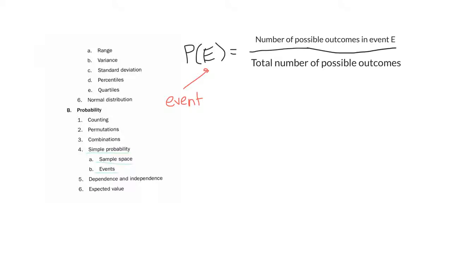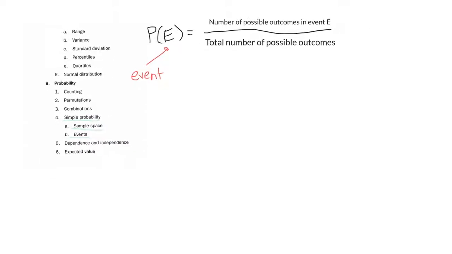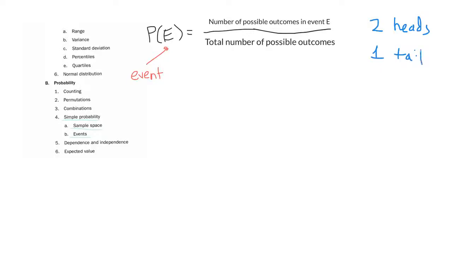So for example, imagine we had a problem that said, okay, if you flip a coin 3 times, what are the chances of getting 2 heads and 1 tail? All right. And what I would advise is getting clear on this denominator first, the total number of possible outcomes.